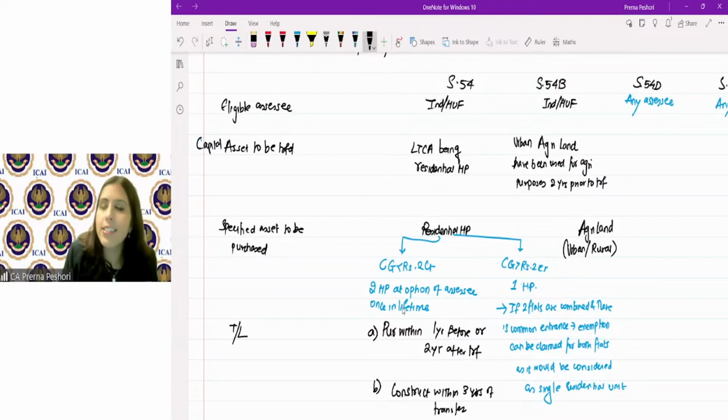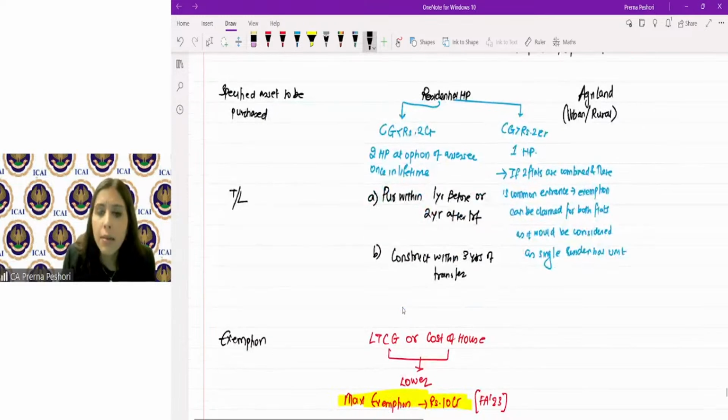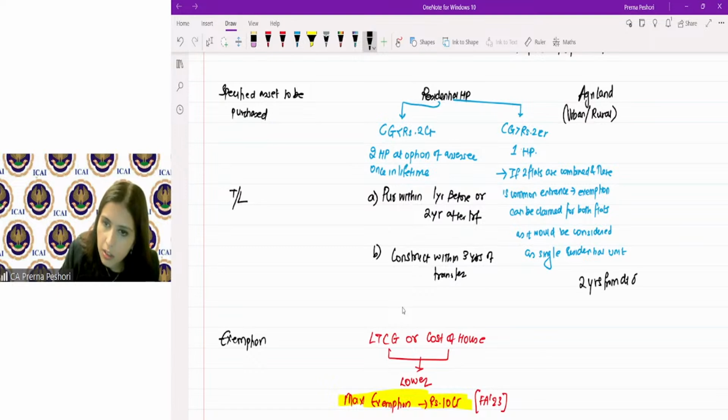It is not necessary that he should only purchase the urban land. He can even purchase the urban or the rural land. And what is the time limit? The time limit is within 2 years from the date of transfer.